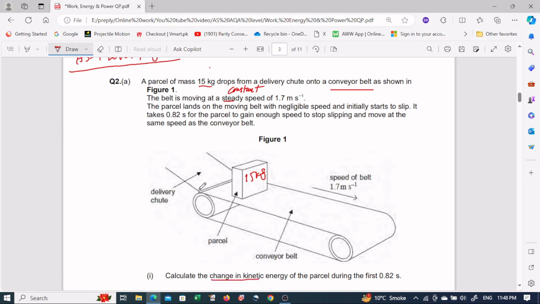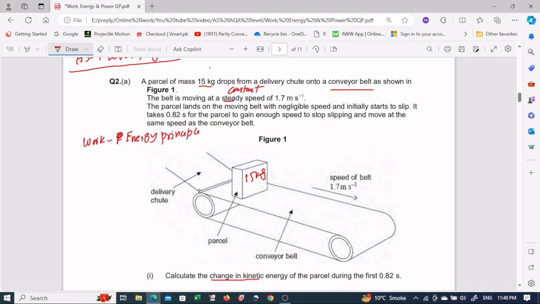In order to find the change in kinetic energy, first of all we'll discuss what the change in kinetic energy is and how to find it. This question can be solved by a simple principle, the work energy principle.